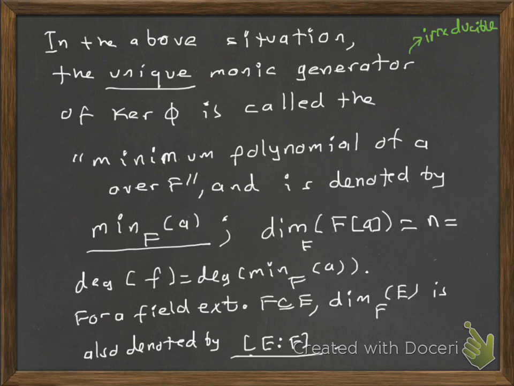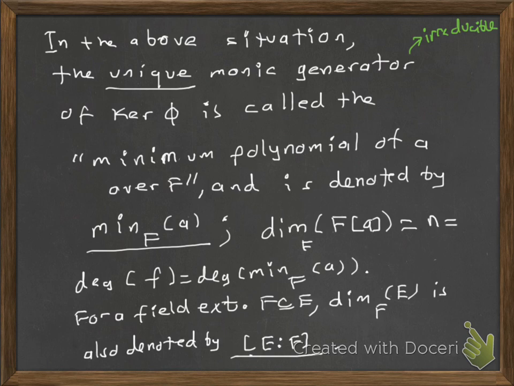If in this situation, instead of just any generator of the kernel, you take a monic generator, then there's only one such element in the kernel. There may be several generators, but only one monic generator.